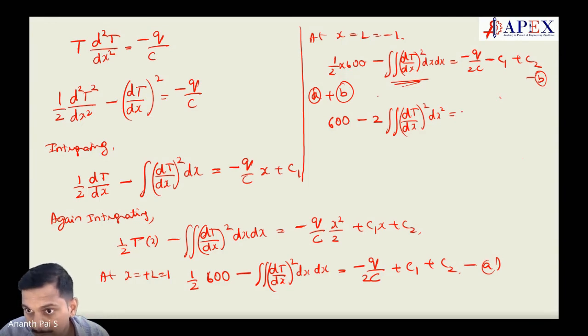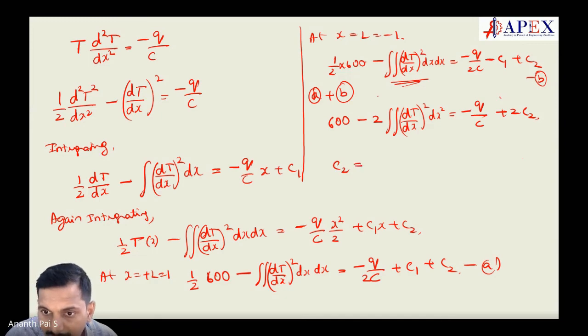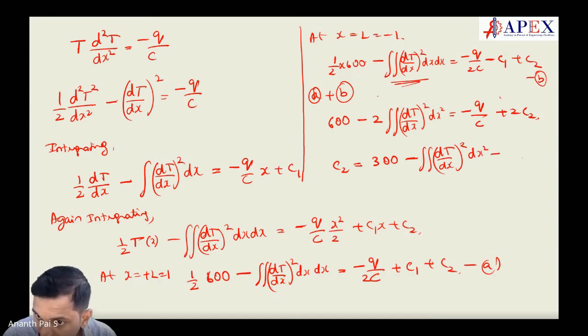So you get minus q by 2c, q by c, q by c, plus 2C2. So C2 you will get as 300 minus the double integration of (dT by dx) the whole squared dx squared plus q by c.